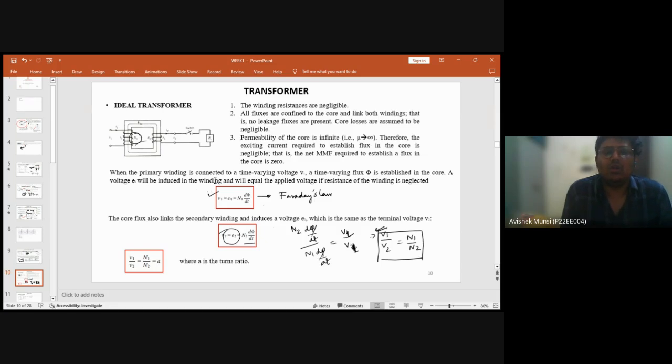We call it A or K. In some books you will find it denoted by A, in some books by K. It's the turns ratio. So can anyone say what will be I1 by I2 then?